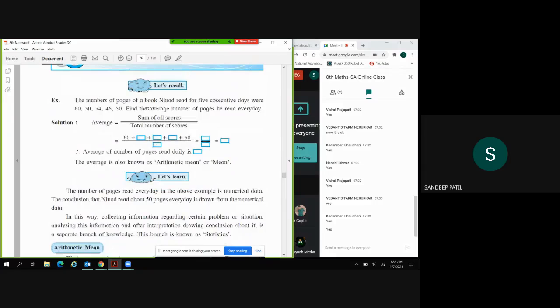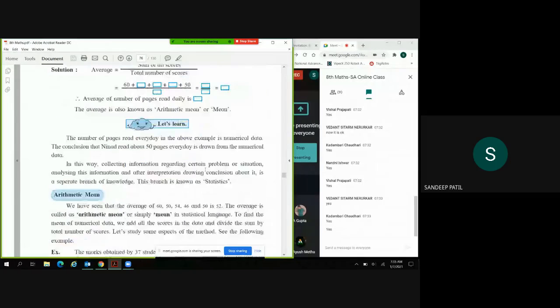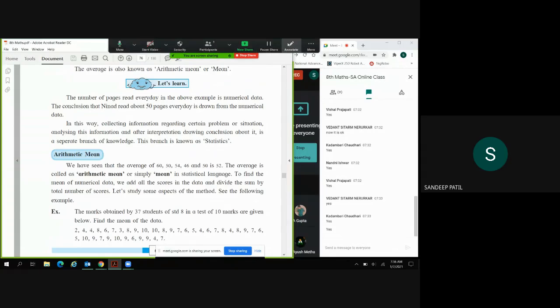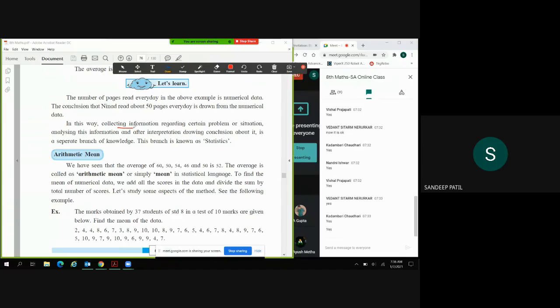Last time we learned what is meant by arithmetic mean. I will not go over it again. If you have any question, you can ask me. And we have seen what is meant by the branch called statistics, right? It's nothing but collecting information regarding a certain problem, like the problem of COVID-19.